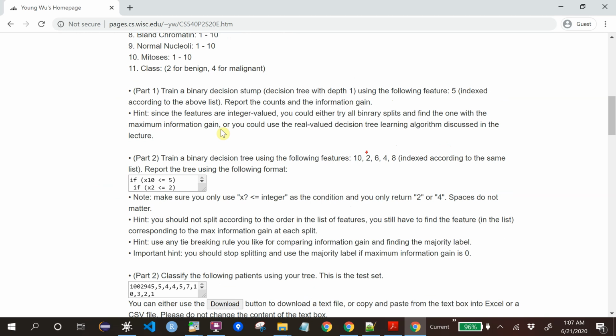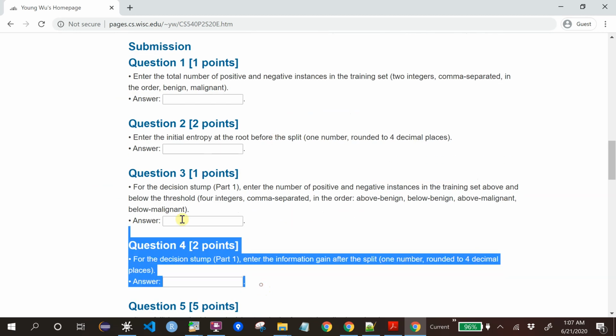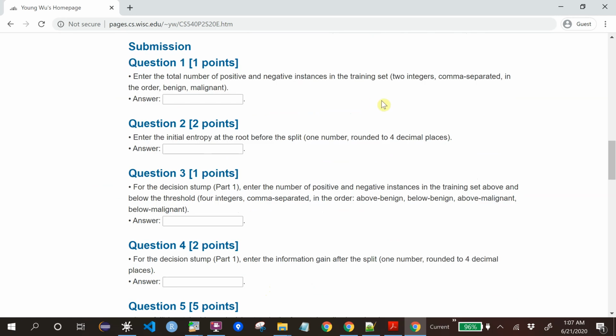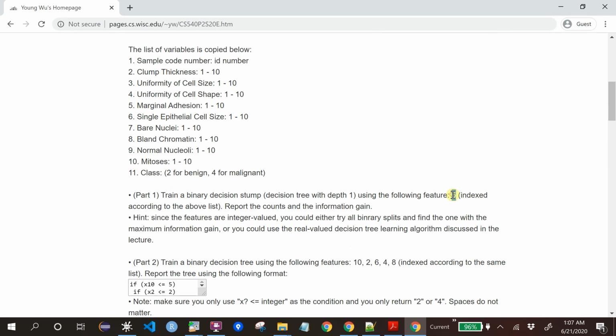There are two parts. The first part is training a decision stump, which corresponds to questions 1 to 4. It's basically a one-level decision tree, and you only split once. You are given which feature you are asked to split, here for example, 5.